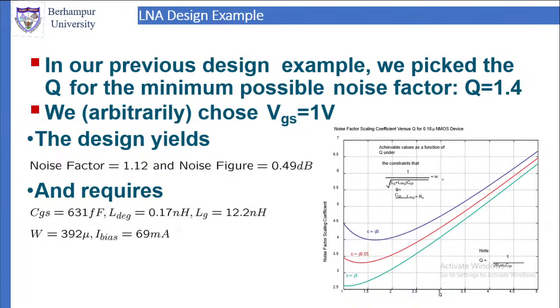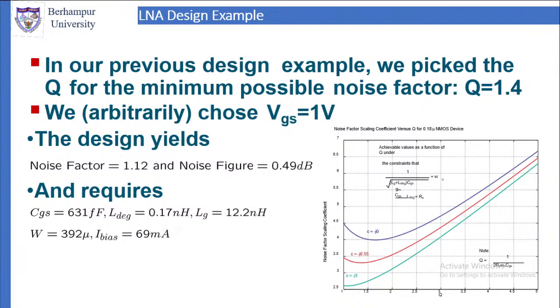So in our previous discussion, what we did is we chose Q to be 1.4, arbitrarily chose the gate source voltage to be 1 volt, and the design ultimately gave us a noise factor of 1.12 and a noise figure of 0.49 dB.